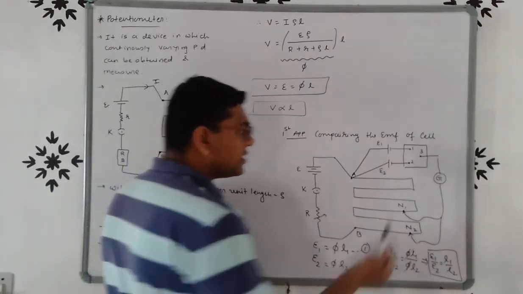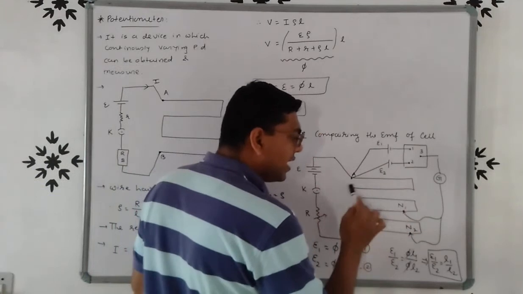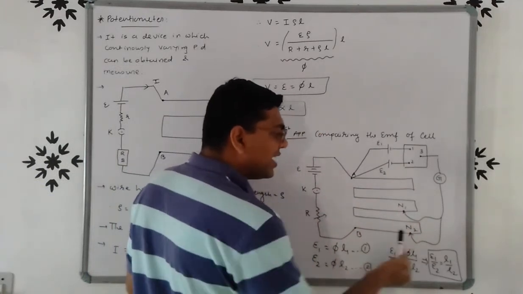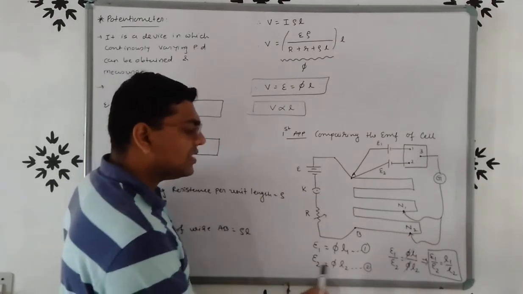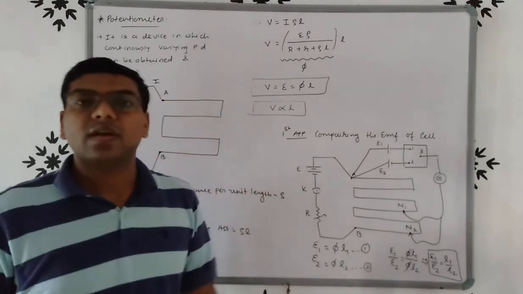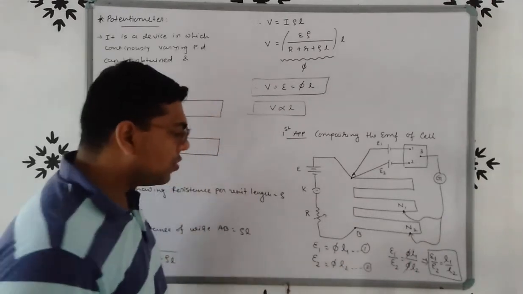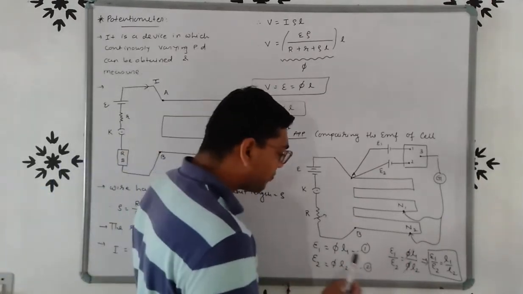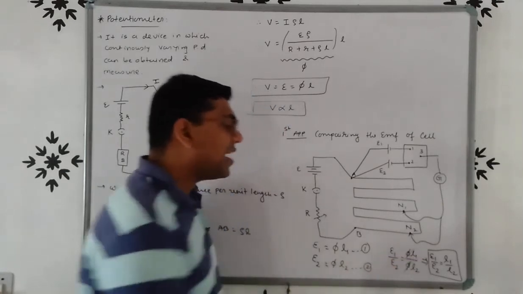In the second case, we connect 2 and 3 and we move the jockey from A to B. So we get the second null point N2. So we can write that E2 is equal to phi L2. Now we take the ratio of equation 1 and 2. So we get E1 upon E2 is equal to phi L1 upon phi L2. Here phi cancels.